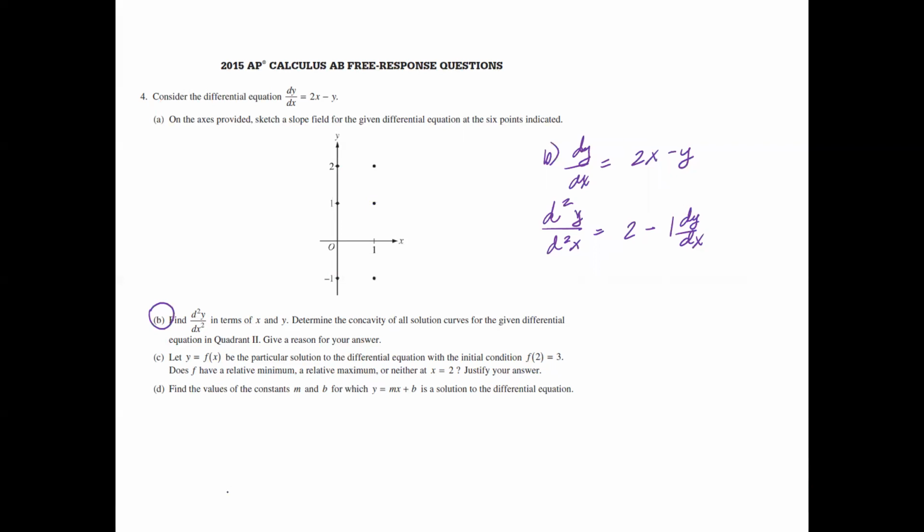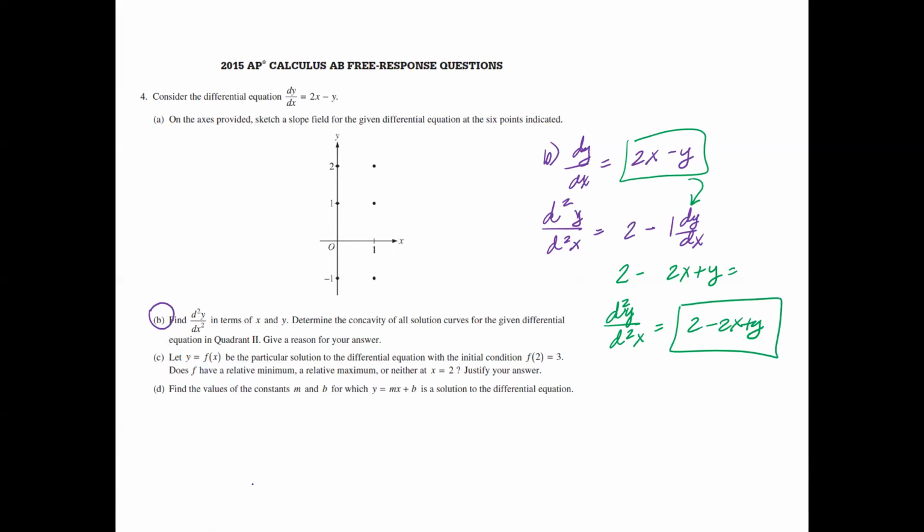You know dy over dx is equal to 2x minus y, so I'm going to replace it there. So 2 minus (2x minus y), which is the same thing as 2 minus 2x plus y. That is going to be your second derivative.